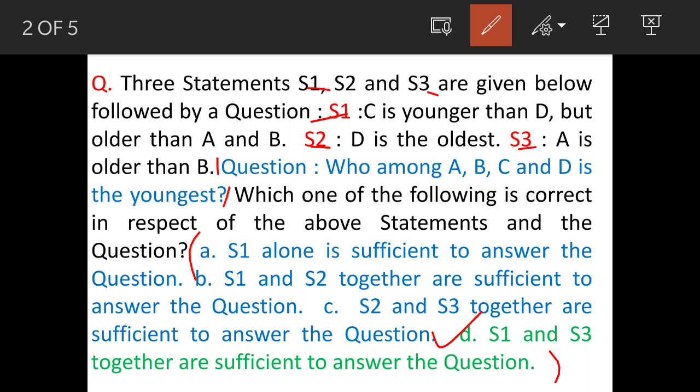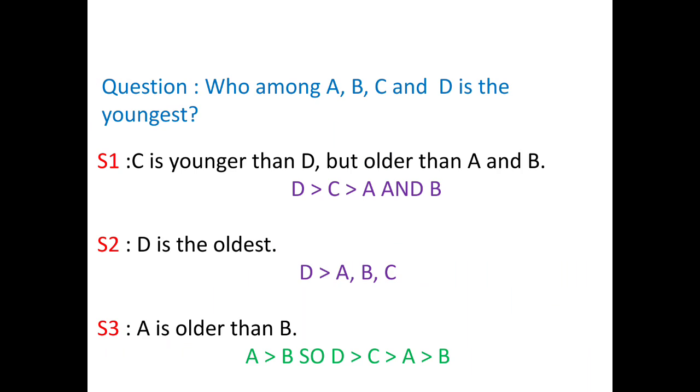This is the question to be answered, and three statements are given with the relationship of their ages. With the help of these statements, we have to ascertain how many statements are needed. All three are needed, or only statement 1 is required, or 2 are sufficient. So this is the question. Now we'll see the solution.